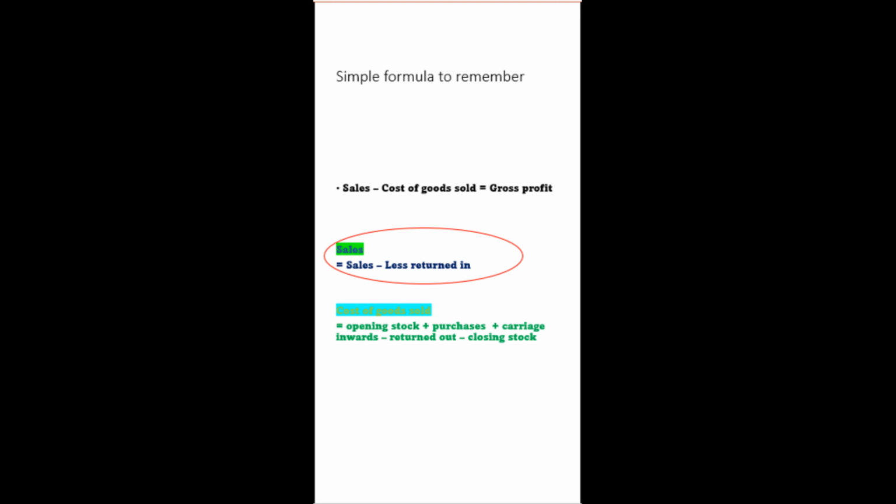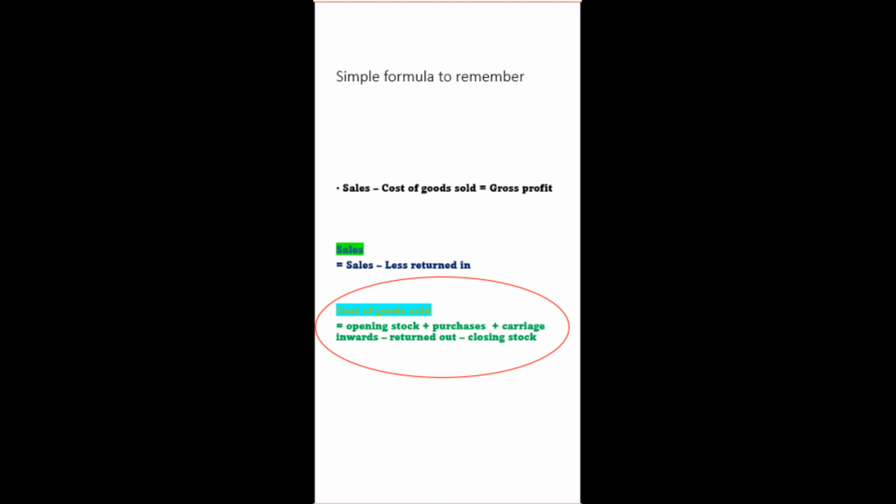For cost of goods sold, we add opening stock, add purchases, add carriage inward, less return outwards, and less closing stock to get our cost of goods sold. So we need to remember that when we're preparing the vertical style trading account.